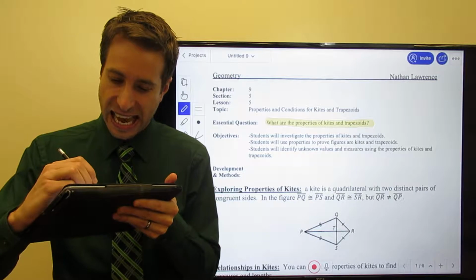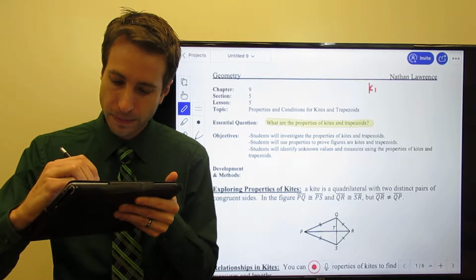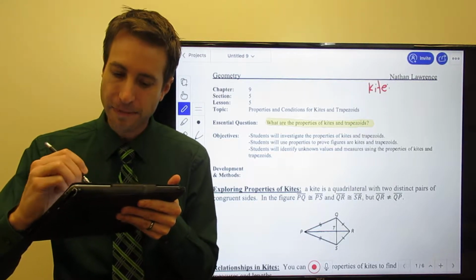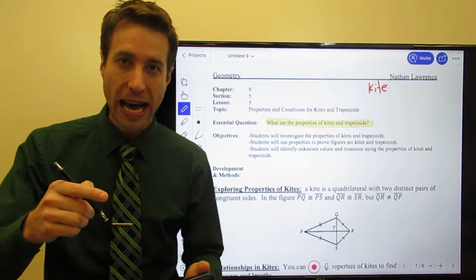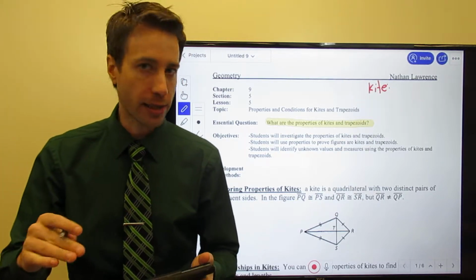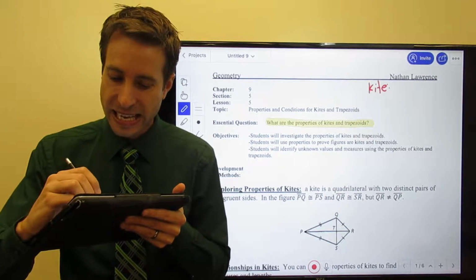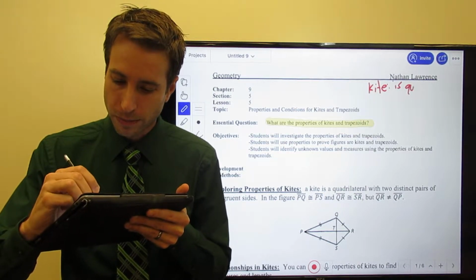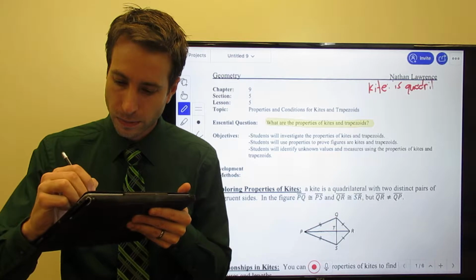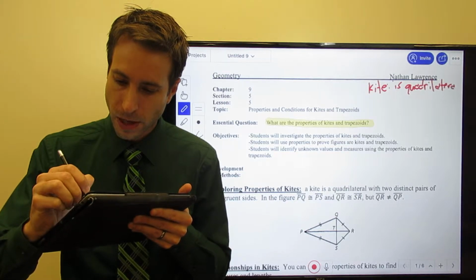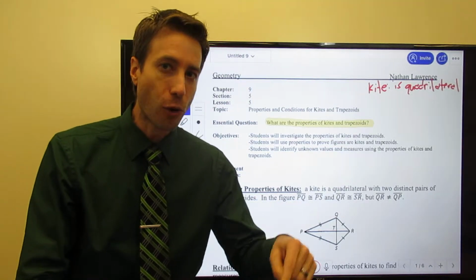First is this, a kite. A kite is a quadrilateral. It is not a parallelogram. A kite is a four-sided figure.